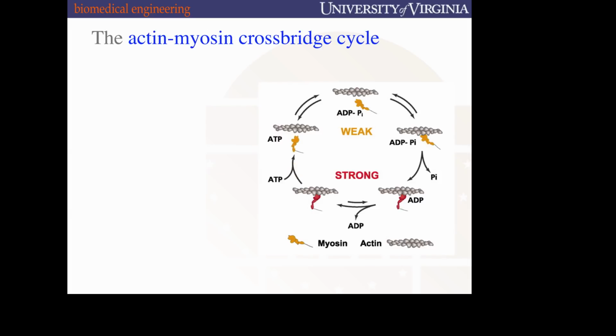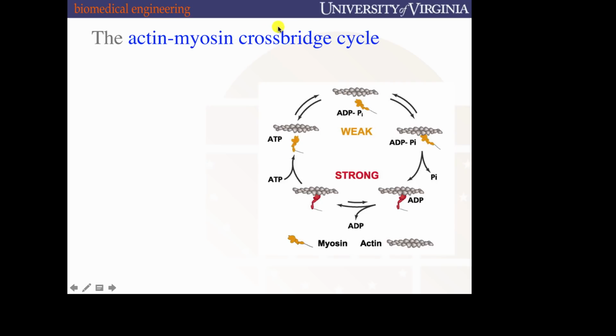Okay, so we've just talked really quickly about the regulation of how myosin would bind thin filaments or actin filaments in striated muscle. Let's talk now about the actual force generating and displacement generating component of these structures. And that comes through the actin-myosin crossbridge cycle, right?